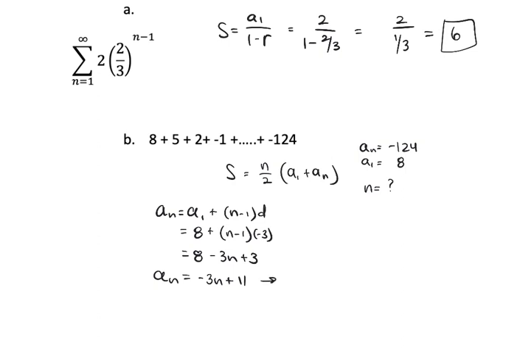So we take negative 124 for a sub n and use the formula negative 3n plus 11 to find the value of n.